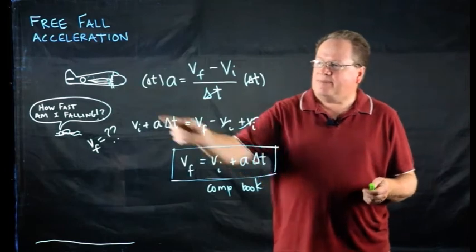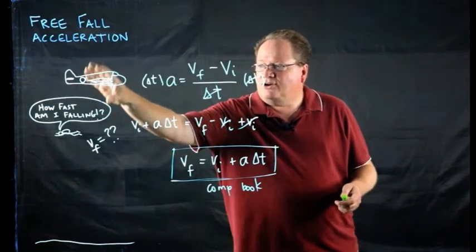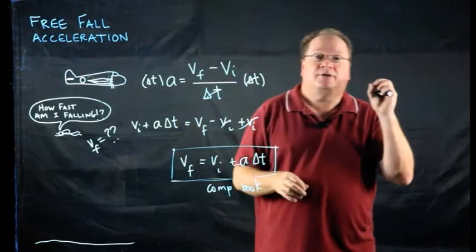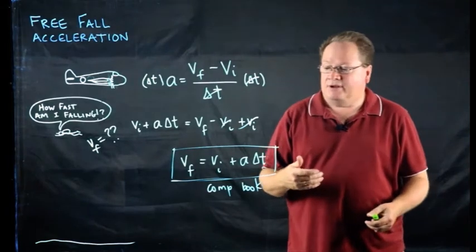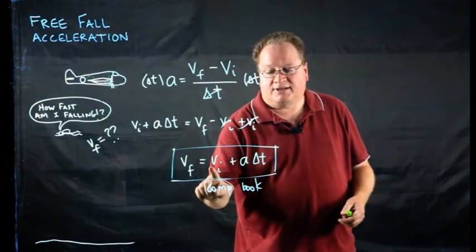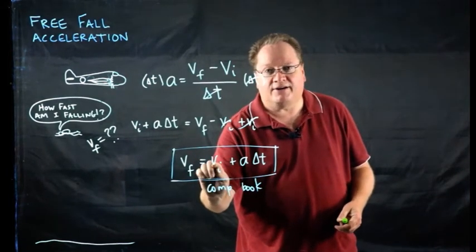If you think about it, if you were in this airplane and it was flying level, your vertical velocity in the beginning, when you first jumped, would be 0. You're not moving up and you're not moving down. So your initial velocity in the vertical direction, at least, VI would be 0. And this gets even simpler if VI goes away.